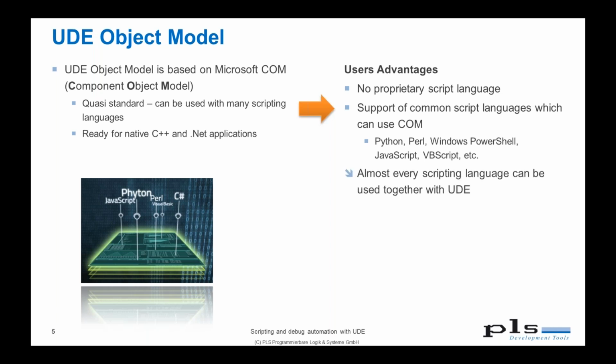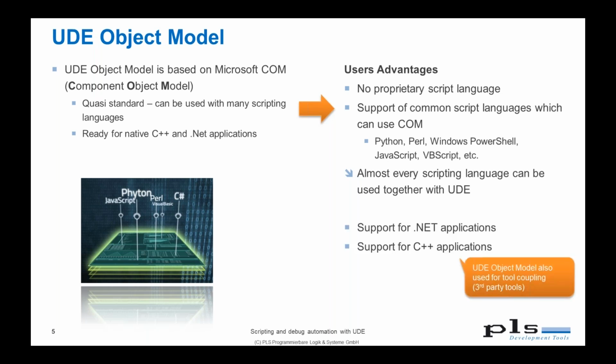And this leads us to, I think, the key advantage of this approach: almost every scripting language can be used together with UDE. And also, as said before, there is support for .NET applications and for native C++ applications.